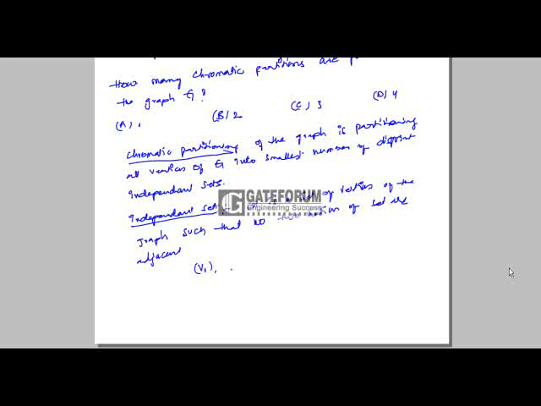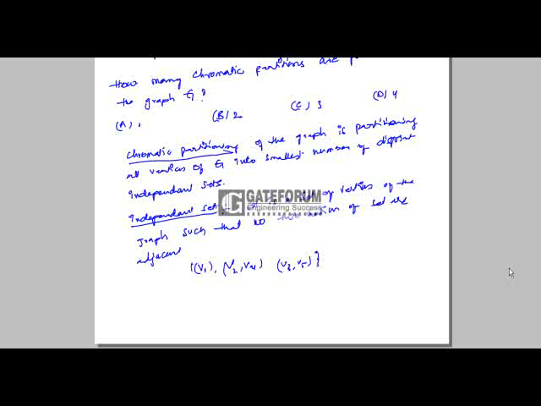So we can partition V2 and V4 into an independent set. Why? Because these two are not adjacent, and V3, V5 are also not adjacent.